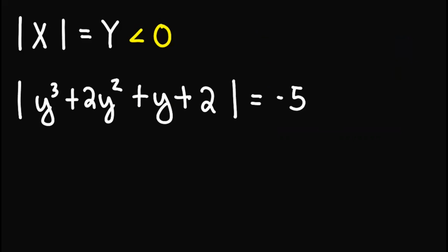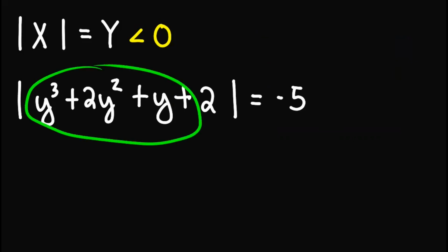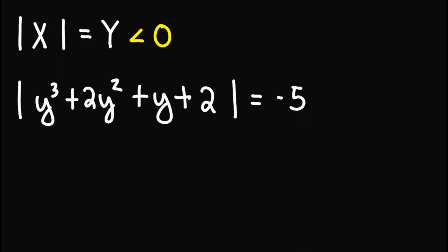Although this expression on the left looks complicated, again, recall that if we have a negative value on the right side of the equation, this one is impossible. Therefore, the possible values for y is none. So we say that y is an element of the empty set. So no values satisfy this equation.